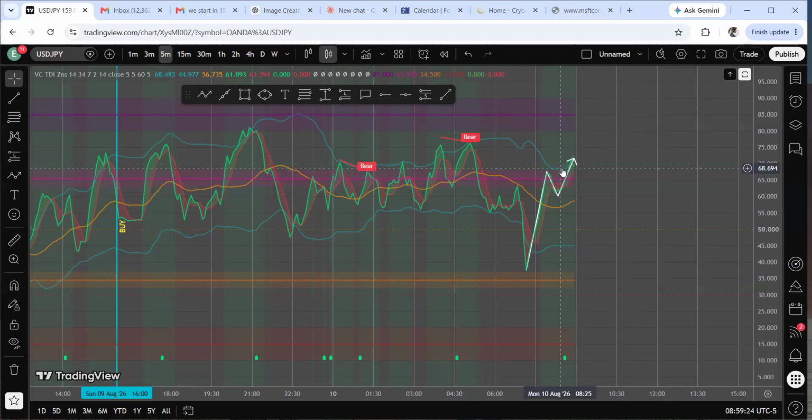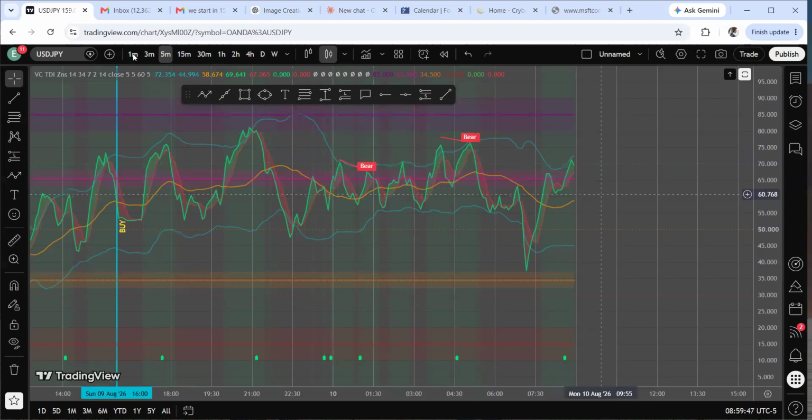Pull back. Break of structure. Got the break of structure. Looking at it, so what would that be here? Just a retest. If it comes down here and if it respects it, it's going to continue up.